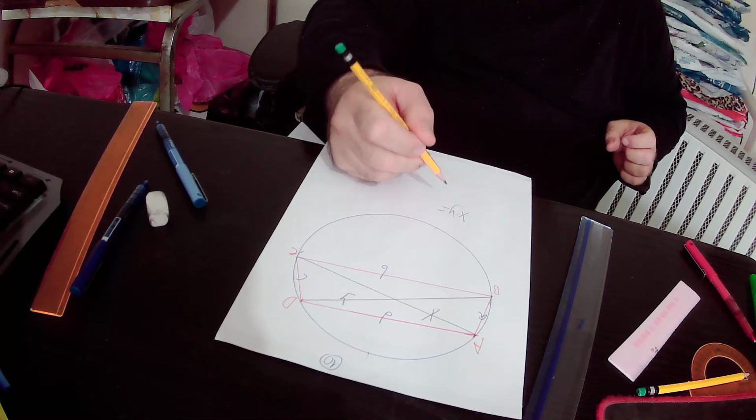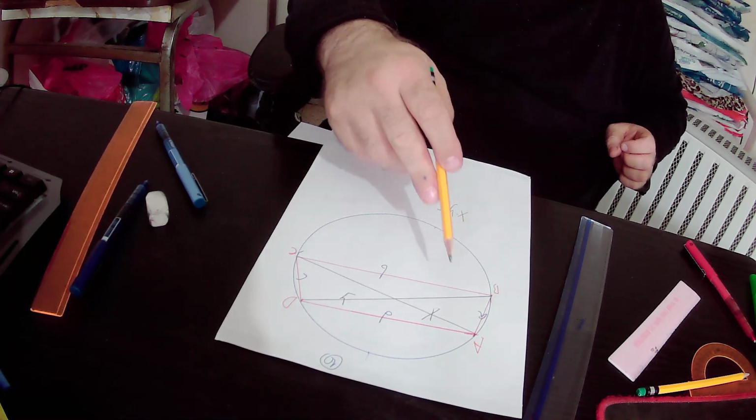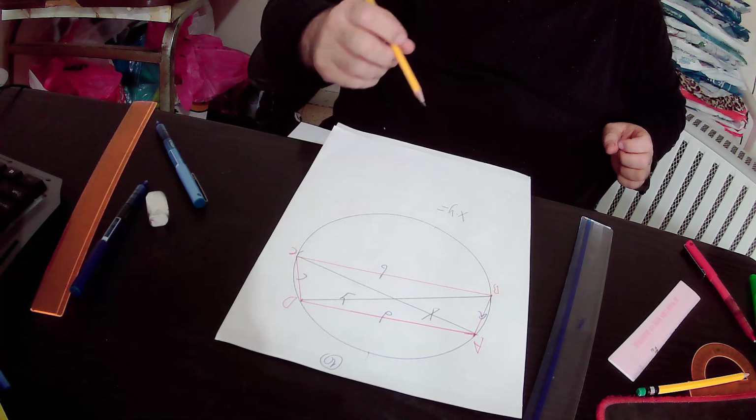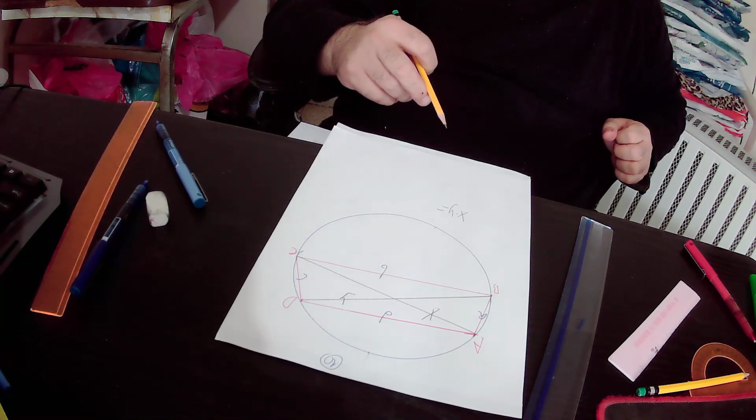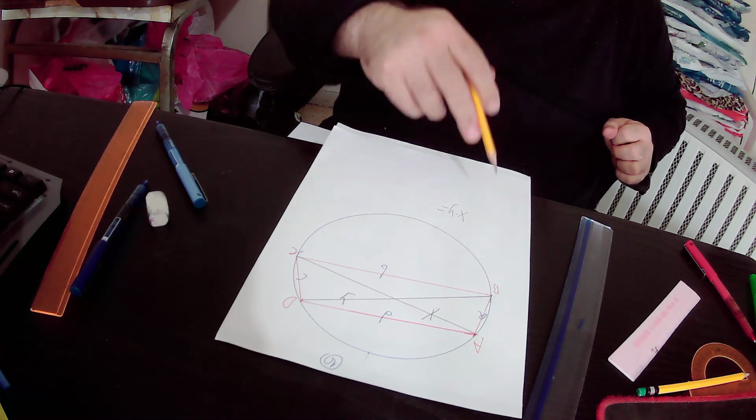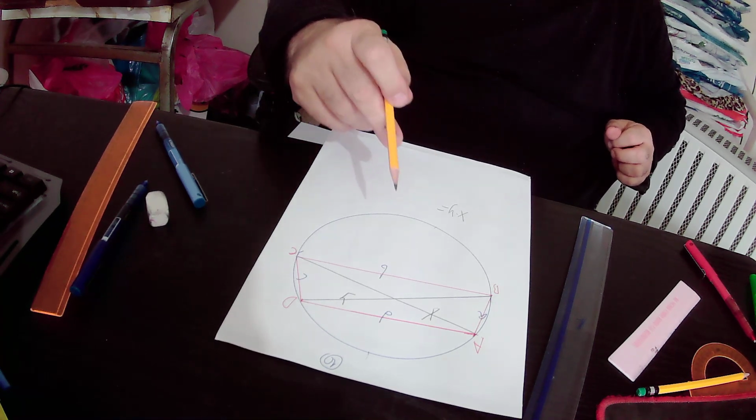And according to rule number 3, the product of its diagonals, x times y, equals the sum of the products of its opposite sides. The quadrilateral ABCD has two pairs of opposite sides.